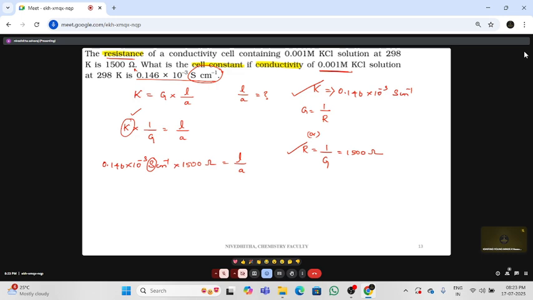Right, Kana, you're right. What is the unit? So Siemens can be written as ohm inverse. That ohm inverse and ohm will get cancelled out. So L by A is equal to, in terms of 10 power minus 3, I'm going to simplify it, 0.219 centimeter inverse. That's it.